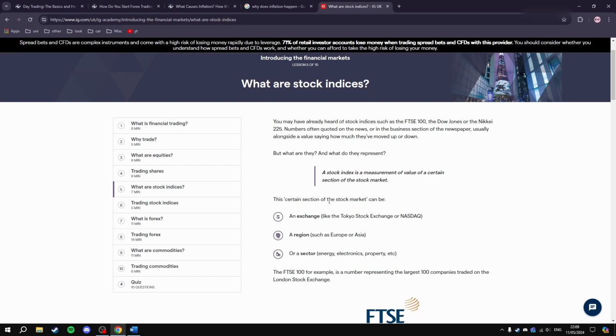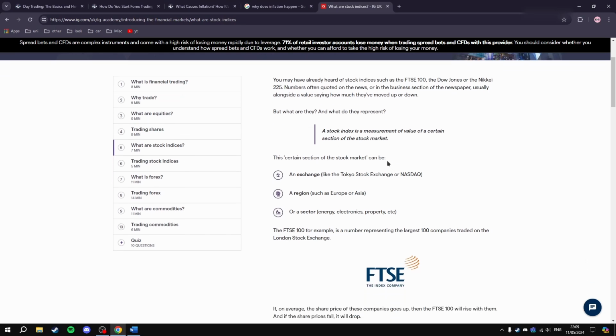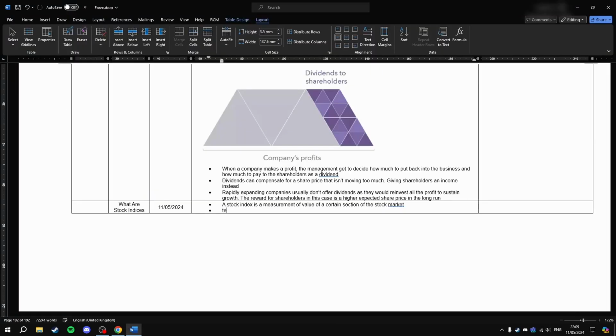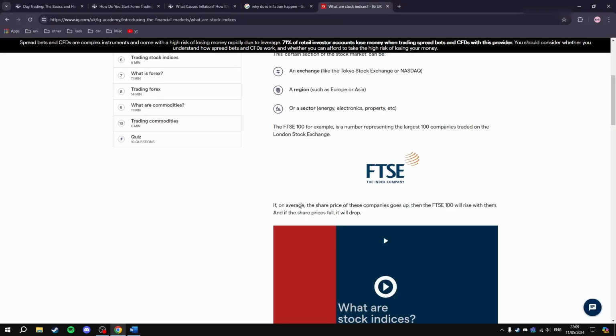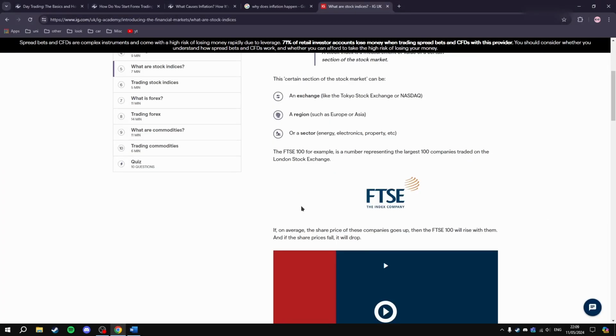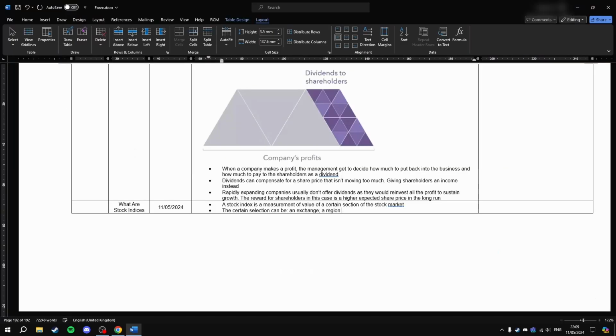This certain section of the stock market can be an exchange like the Tokyo Stock Exchange or Nasdaq, a region such as Europe or Asia, or a sector: energy, electronics, property, etc. The certain selection can be an exchange, a region, or a sector.